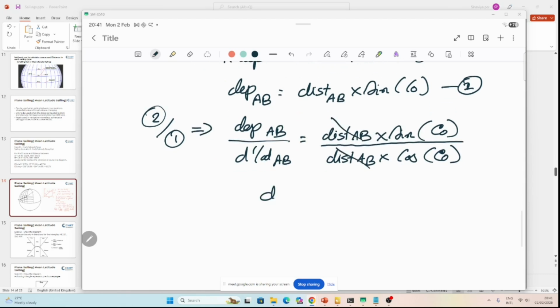So departure divided by dlat is equal to sine divided by cos, which is basically tan. Are we good?